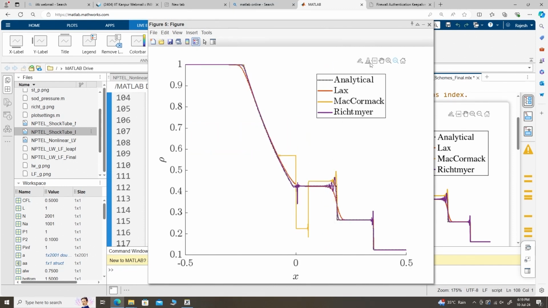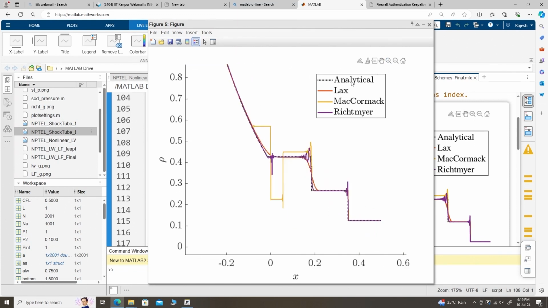So, the MacCormack has got some issues when it tries to go near the expansion fan. Here for example, all of them behave as expected.